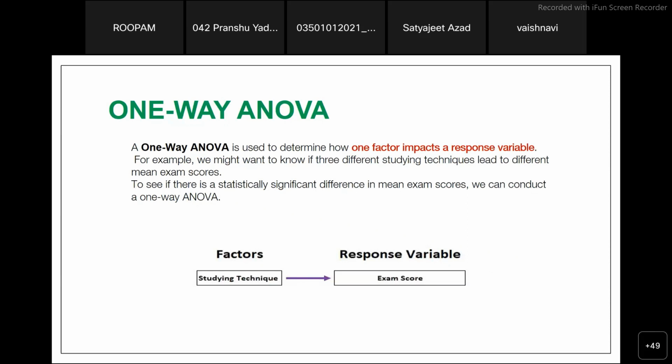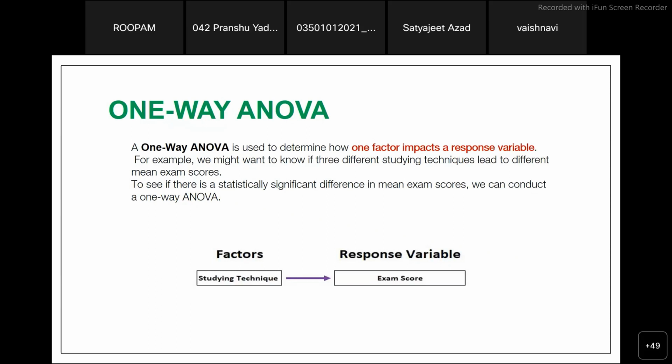Then I'll check whether there is some kind of causal effect of the different studying techniques. So this is one way ANOVA, where you have different techniques, and then we try to check their impact on your response variable.